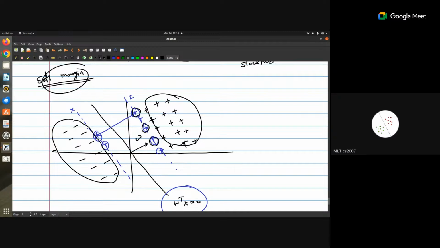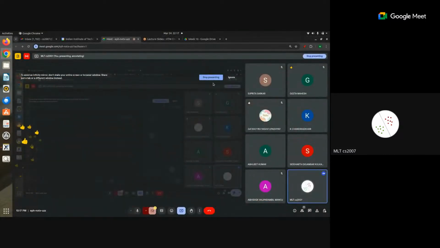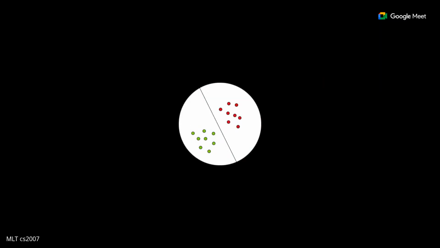I haven't touched upon a lot of things related to soft margin, but I hope you can build on whatever discussion we had today, right? Is that fine? I have just summarized whatever is there.